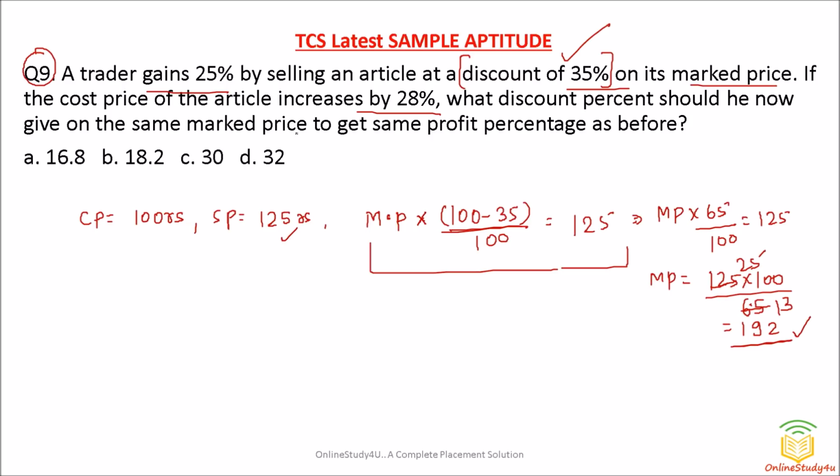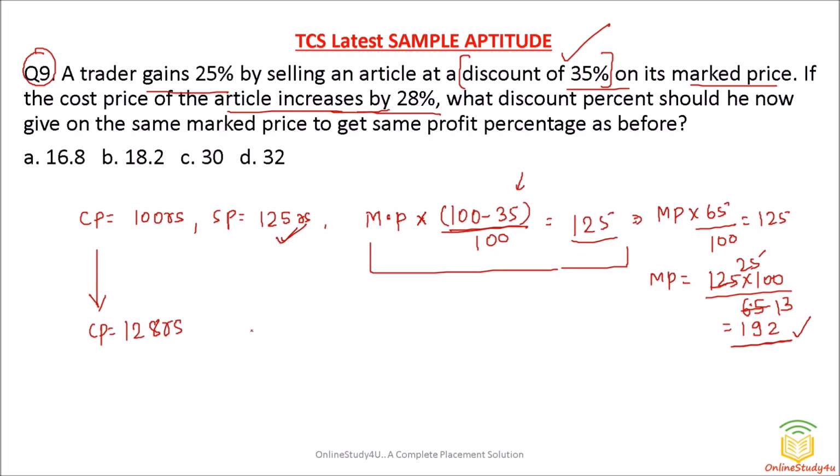The trader gave a 35% discount and sold for 125 rupees. Still he is gaining 25%. Now, if the cost price of the article increases by 28%, the cost price will become, my dear friends, 128 rupees.